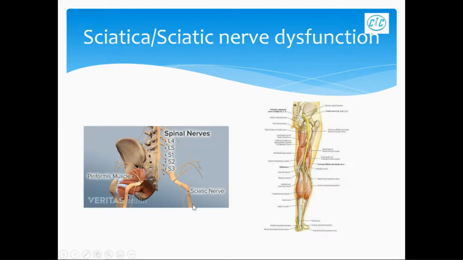And that is going to have a different distribution, different symptoms, which most of the time mimic L5 S1 spinal nerve damage. So if somebody has S1 nerve root or spinal nerve damage, most of the time the symptom is very similar to sciatic nerve, but they're not in the same location.